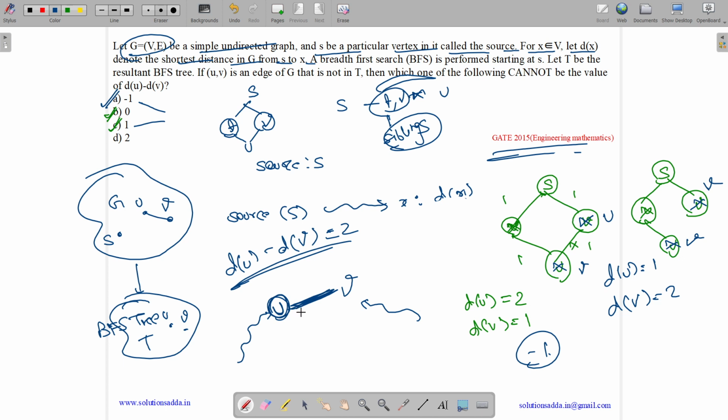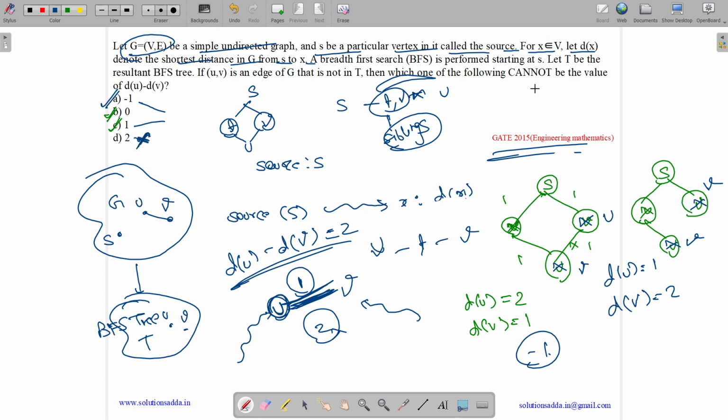Since V is a neighbor and V is not visited before, V will come in the next iteration, and in that case they will have a distance of 1 and not 2. 2 would be possible if U is not a neighbor of V and is connected to a different node. But as U is a neighbor, 2 is not possible.